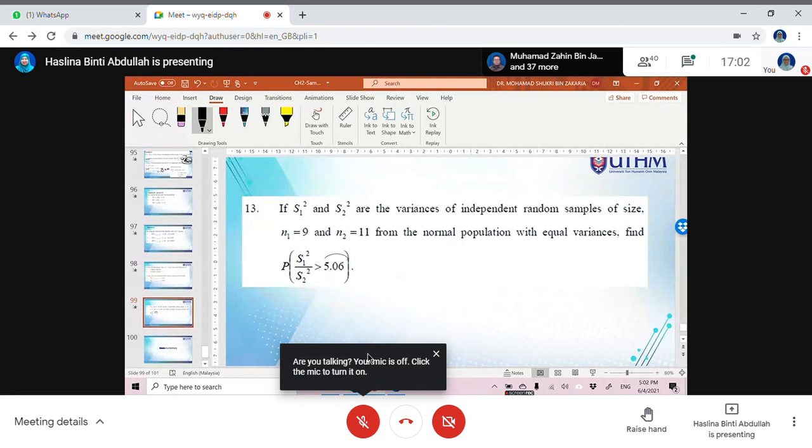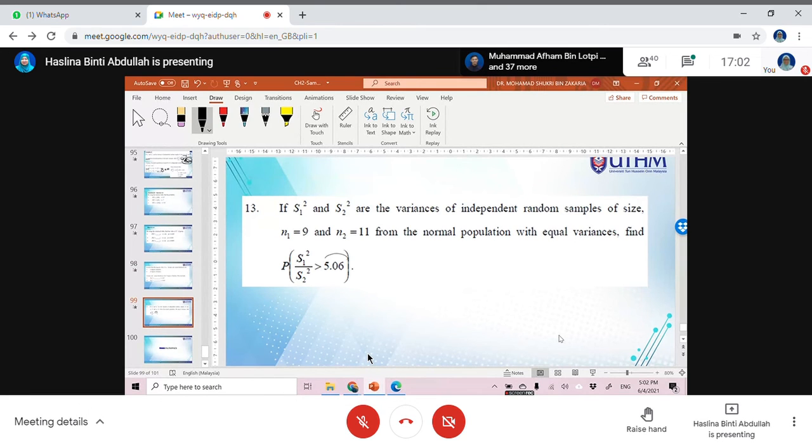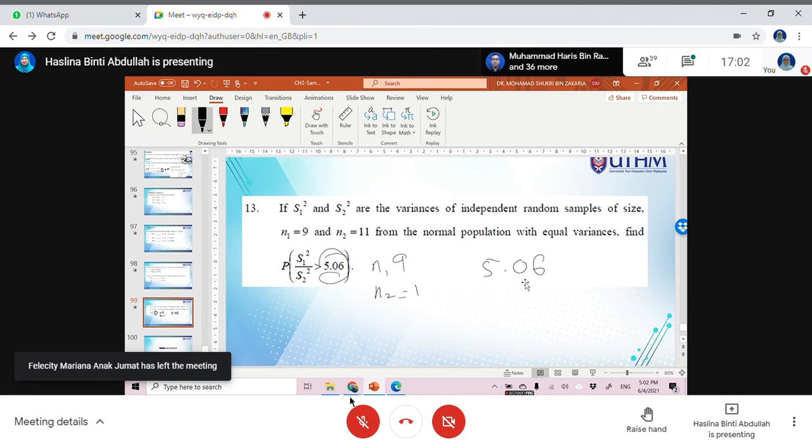Okay, this one. Kita try yang ni. Number of sample for sample 1 is 9. Number of sample for sample 2 is 11. And proportion is 5.06. Find the value of alpha. Saya panggil seorang, yang lain tulis kat chat. Muhammad Zahin. Ya, doktor.